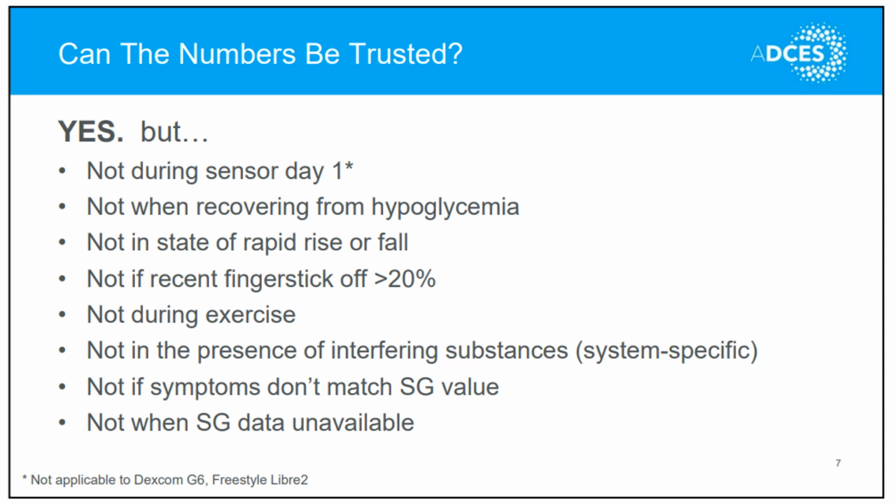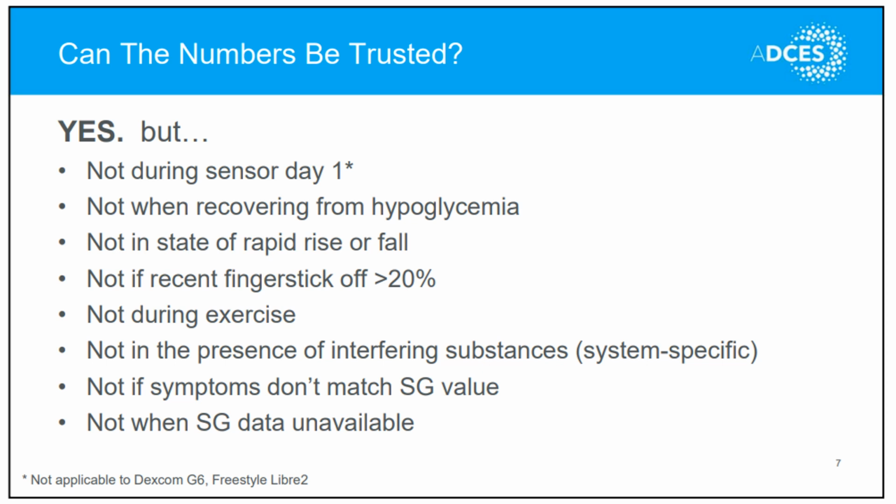If someone is recovering from hypoglycemia, the alarms are lagging behind. Anytime there's a rapid rise or rapid fall, there's going to be some discrepancy. And during exercise, it's not keeping up with the change that could be happening with exercise.